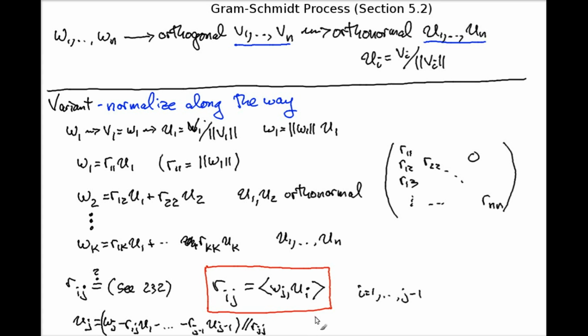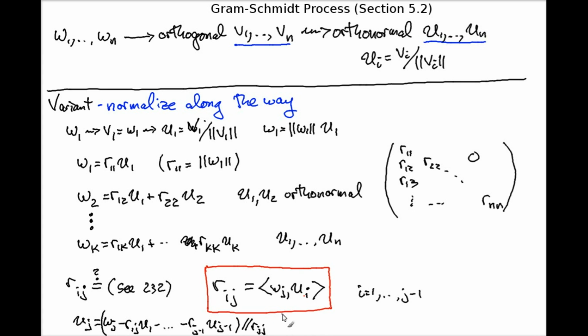And so this gives a procedure where you compute the ui's directly, and it's kind of nice because computationally it's somewhat easier. All you're doing is taking the inner products at each step of a vector with another unit vector, and you do have to do this one step where you normalize, and it's not too bad.